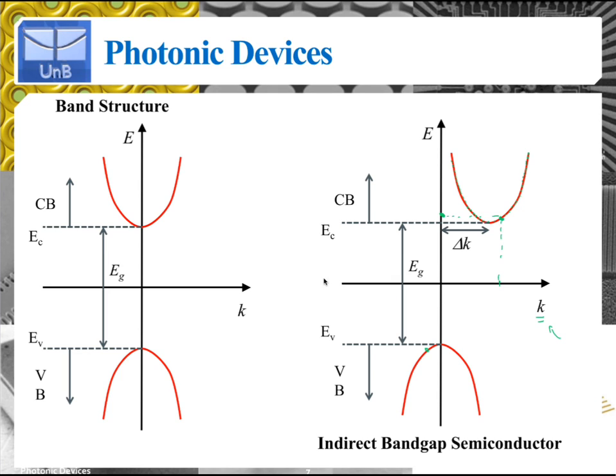As we said, at 0 K, if you give no energy at all to the electrons of the valence band, no electrons will make the upward transition towards the conduction band, and you have all the states down here completely filled for a semiconductor, and all the states right here completely empty.